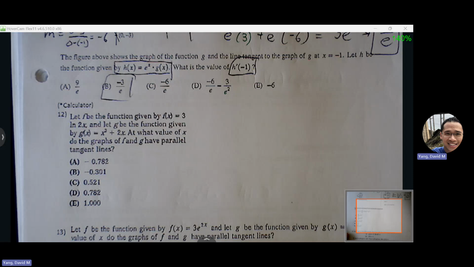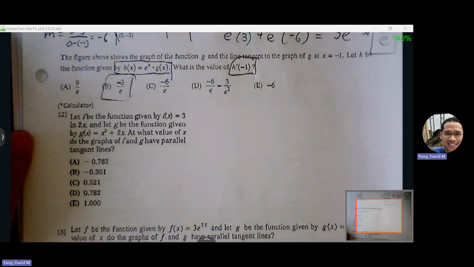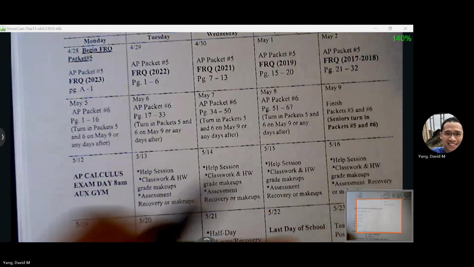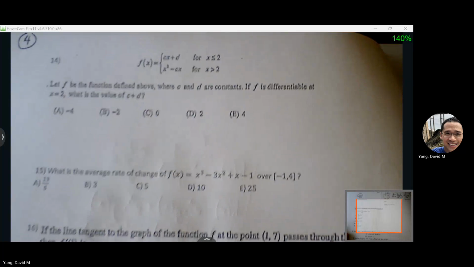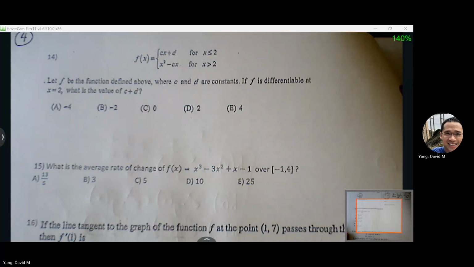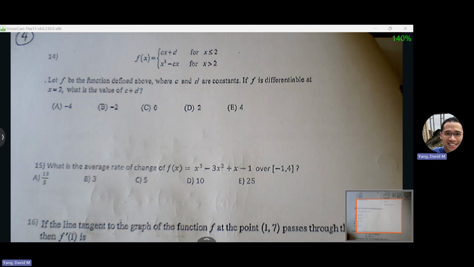So with the remaining time, I just want to highlight a few more problems here. On page 4, let's look at 14. This is a popular type of AP multiple choice question.